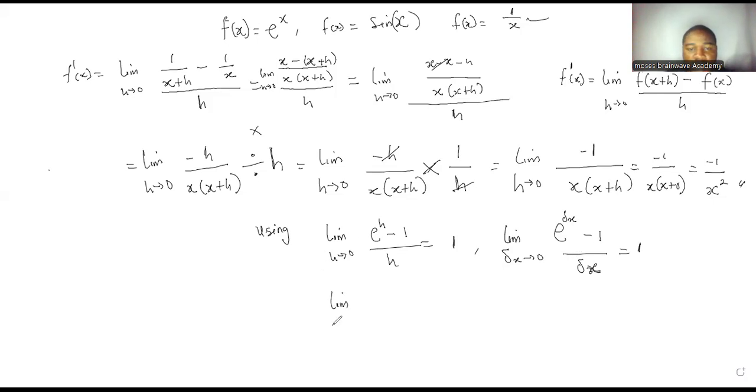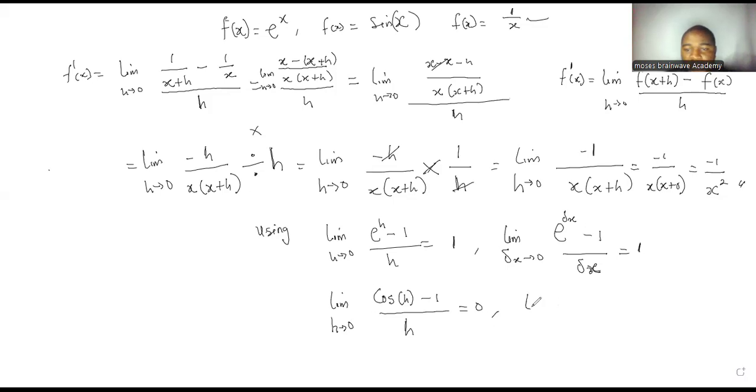If I have the limit as h tends to 0, change in x, right, of cos h minus 1 upon h, this is going to be 0.